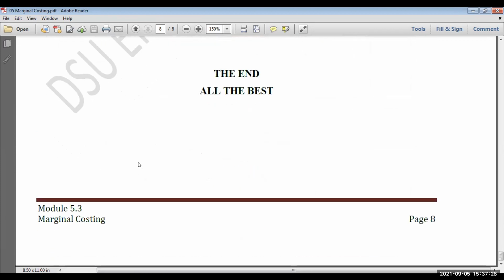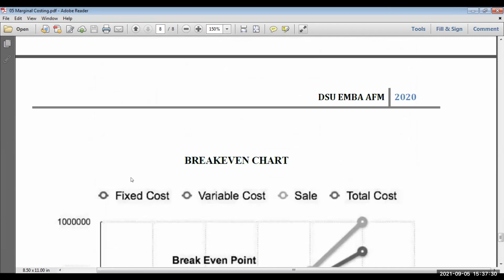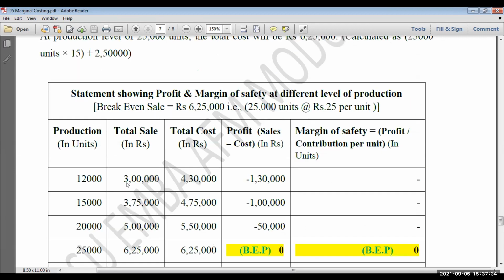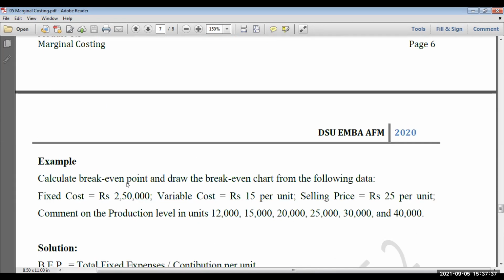I'll give you some data. You can try for break-even point calculation. Fixed cost is 1 lakh.